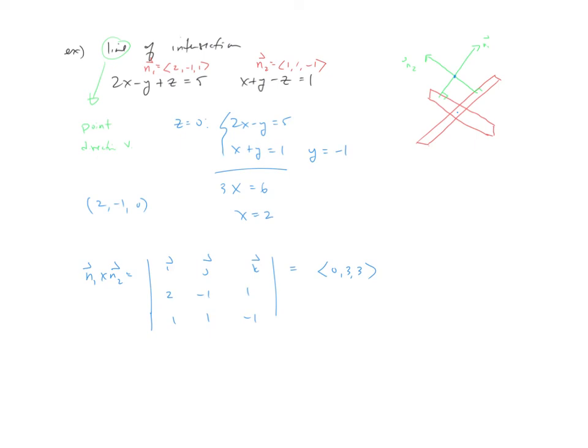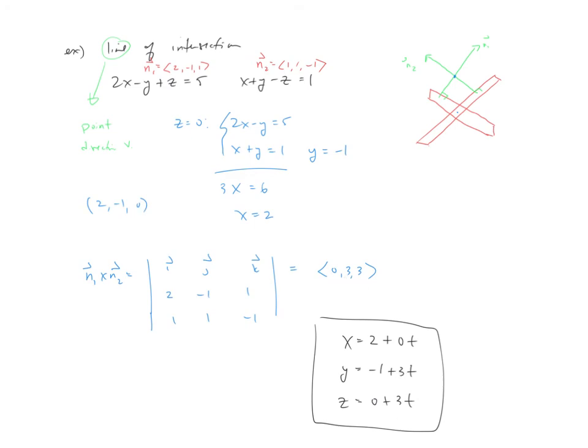So when we put together our format for the equation of a line, x is going to be 2 plus 0t, y is going to be -1 plus 3t, and z is going to be 0 plus 3t. So the 2, -1, 0, and then 0, 3, 3.